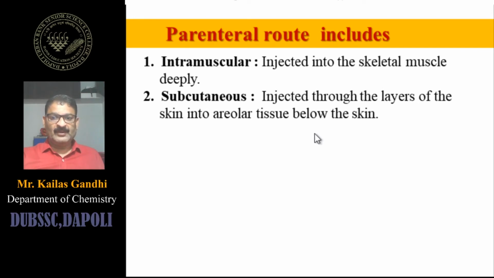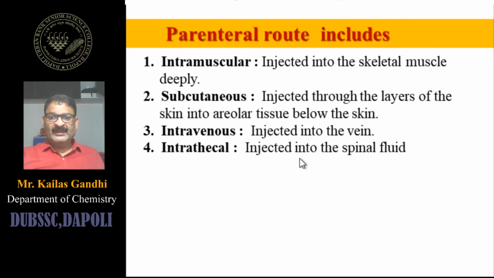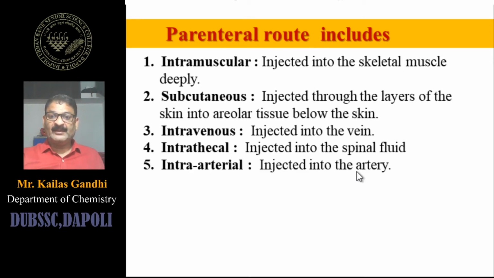Next one is the intravenous route, injected directly into the vein. Next route is the intrathecal route, injected into spinal fluid. We just know injection घेतलं एवढंच माहिती आहे, पण these are actually the types of injection given for a variety of diseases.